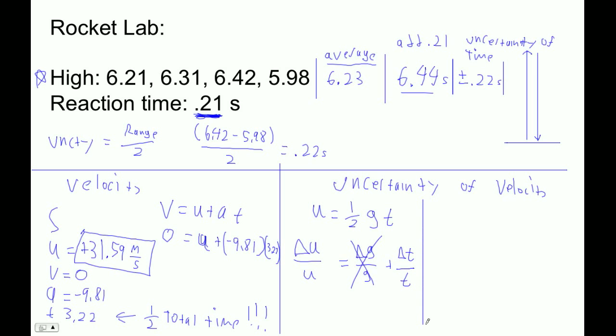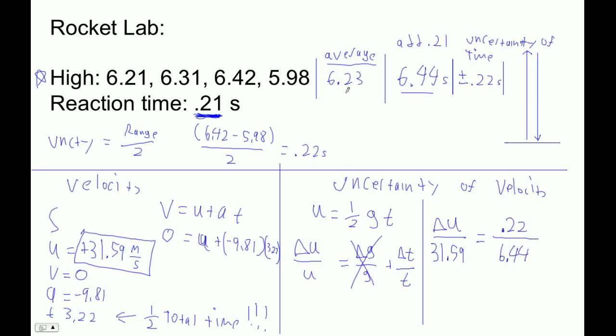So I can just set this up. The uncertainty of the initial velocity is to what we think it is, 31.59, as the uncertainty of the time, 0.22, is over the total time, which we think is 6.44.